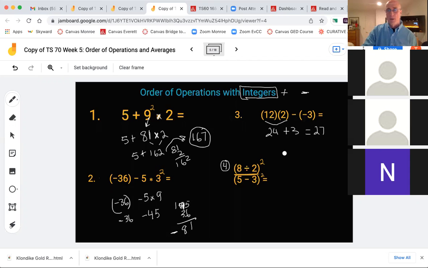This number 4 here looks a little bit complex because, okay, what's the rule? PEMDAS, parentheses first, right? I'll give you a moment to copy down number 4 here. I don't want to rush you. Okay, so I have 8 divided by 2 squared.